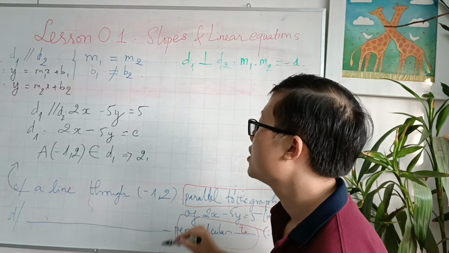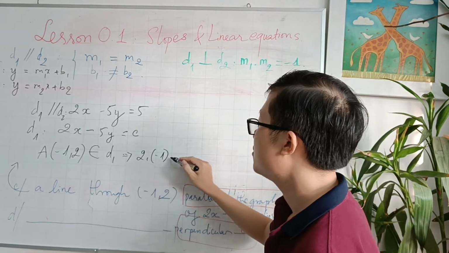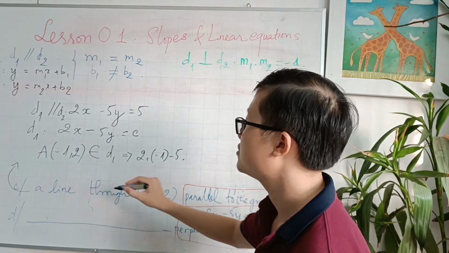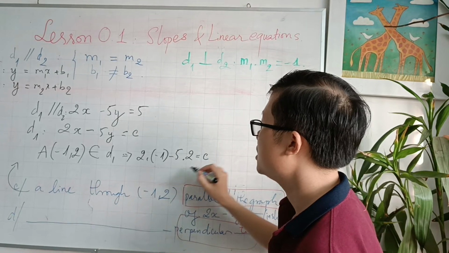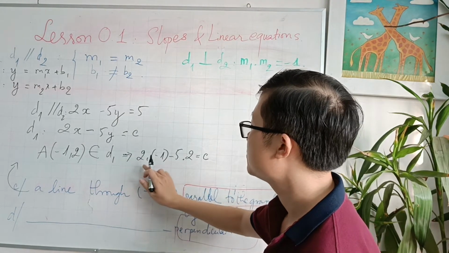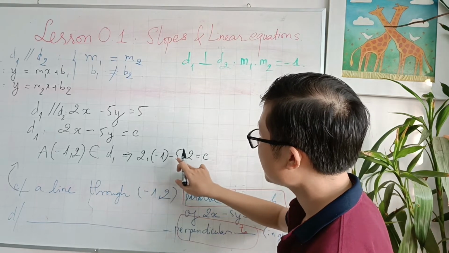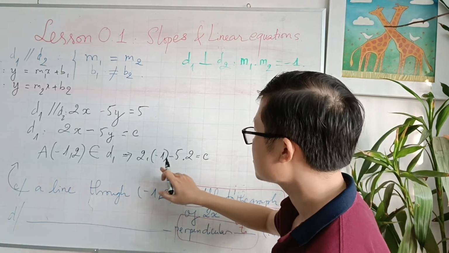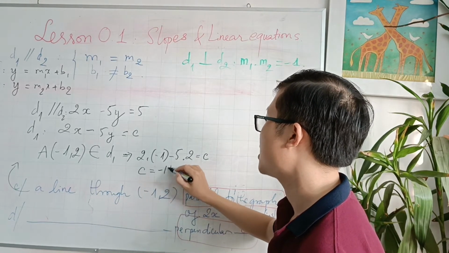We have 2 times -1 minus 5 times 2 equals C. So this is -2 minus 10, and C equals -12.